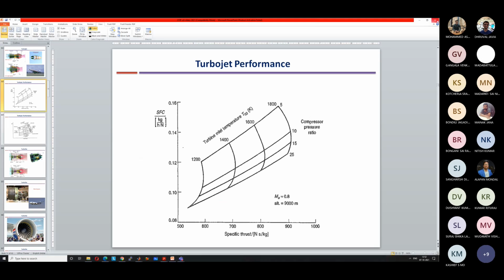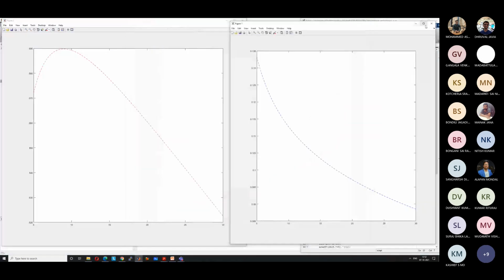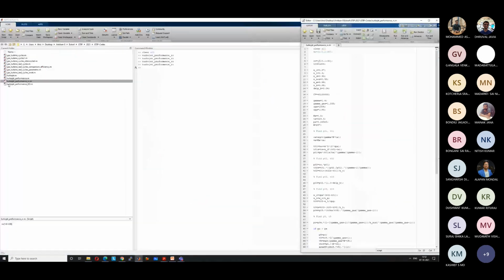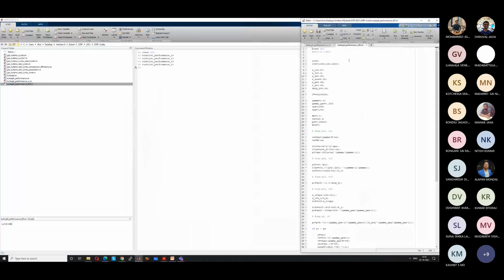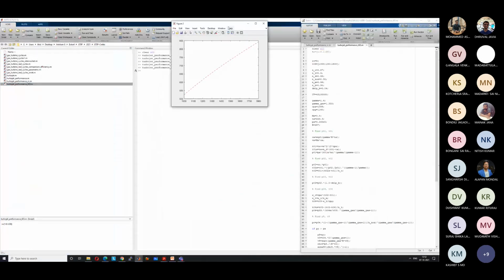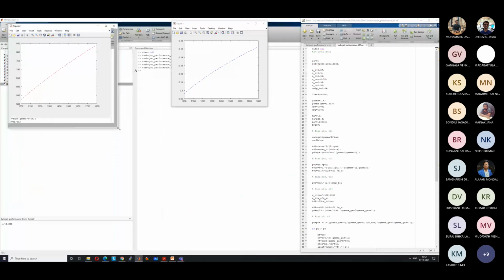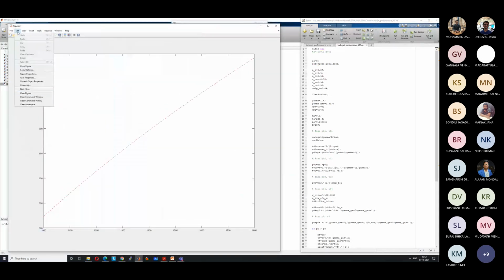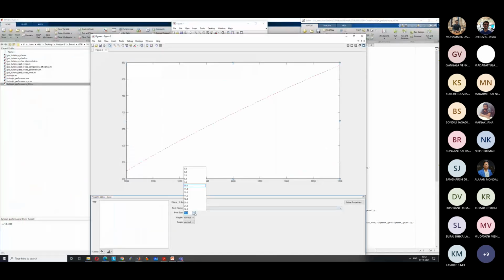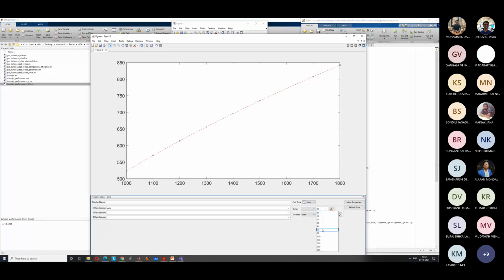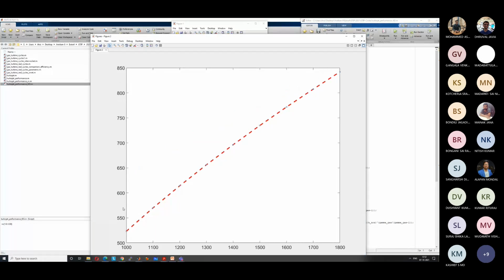And this also we can show using a similar type of program. So this is showing the same set of conditions that we had done previously.